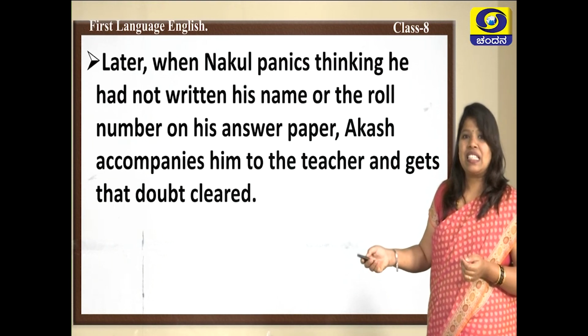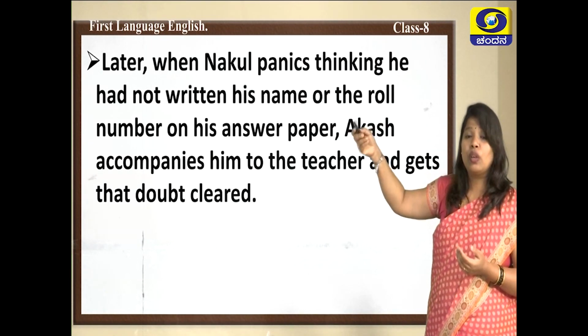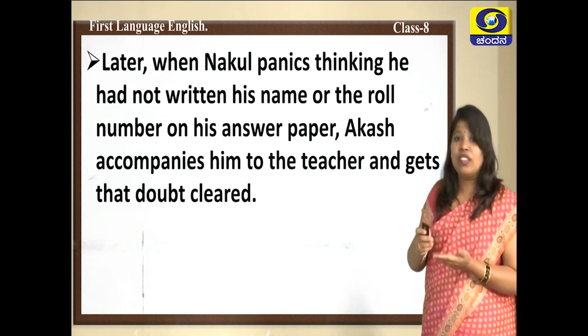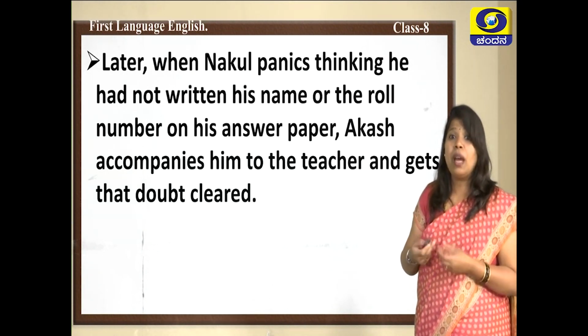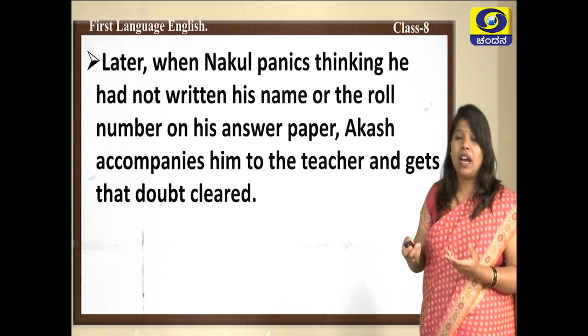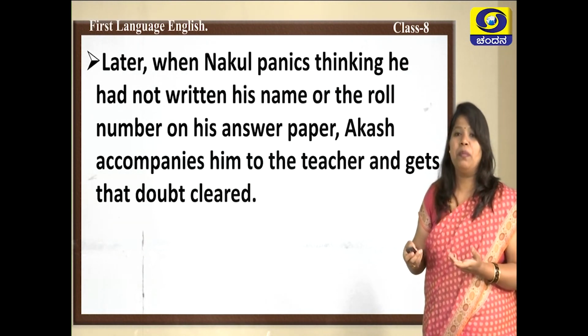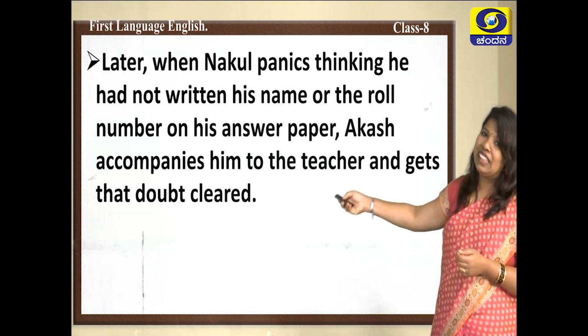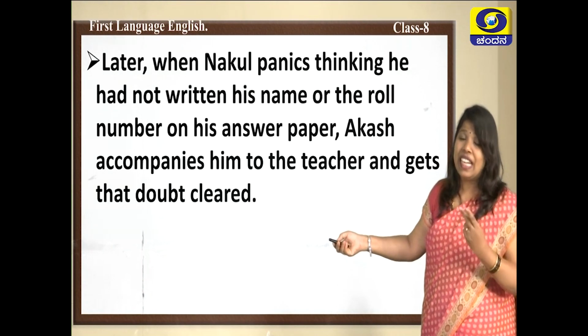The second instance is that later when Nakul panics thinking he had not written his name or roll number on his answer paper, Akash accompanies him to the teacher and gets that doubt cleared. So, this is the second instance.